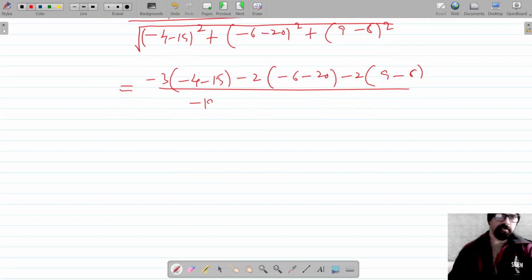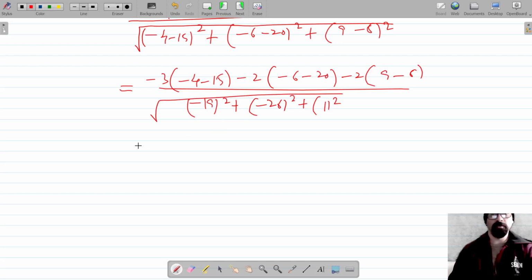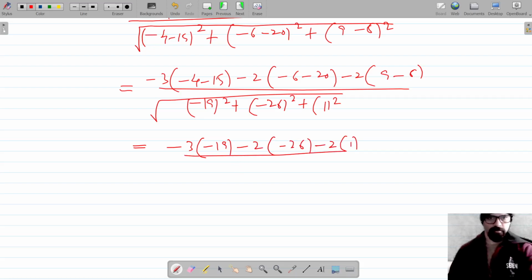This is negative 19 the whole square plus negative 20 the whole square plus 9 minus 8, 1, the whole square, which gives me negative 3 into negative 19 minus 2 into negative 26 minus 2 and 1, upon. Now 19 square is 361, plus 26 square is 676, plus 3 into negative 6, negative 6 and negative 20. Okay, and 1 square is 1.